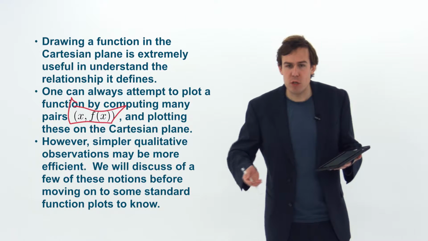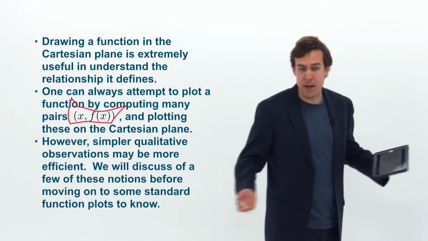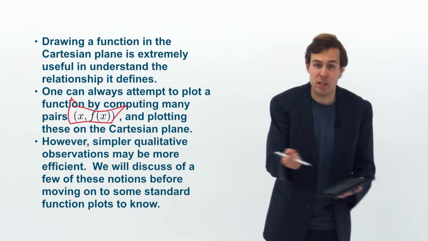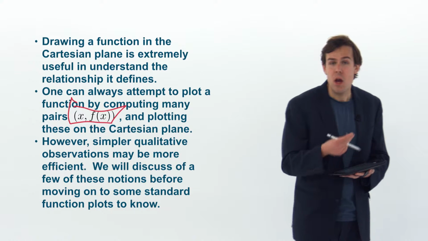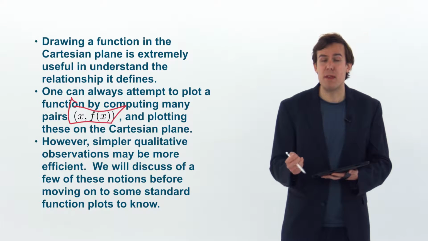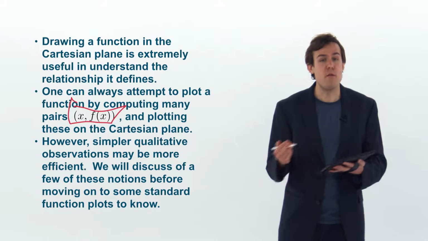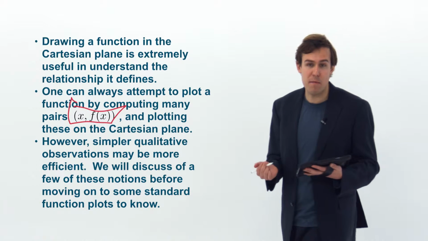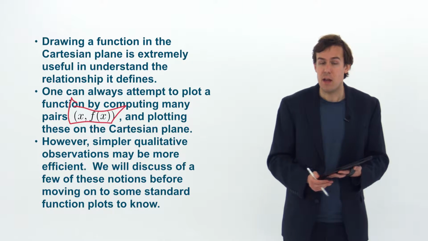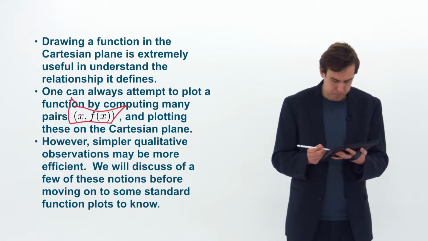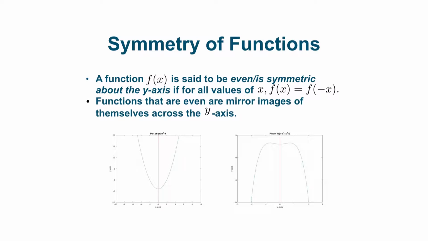With these tools, your ability to plot functions expands dramatically, and you don't necessarily need to use technology for this. For the CLEP exam, a very large portion will be without a calculator. So if you're asked to understand the plot of some function that's not simple, these tools are invaluable as you approach that problem. So let's start with the notion of symmetry.